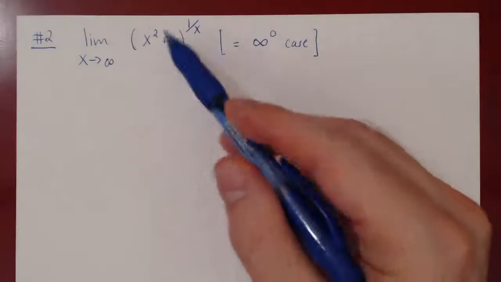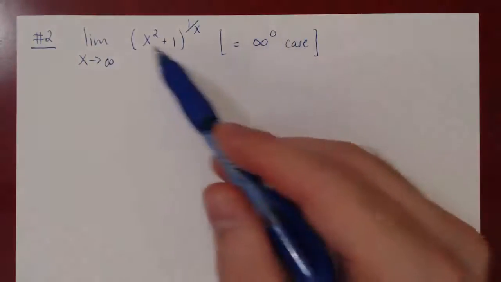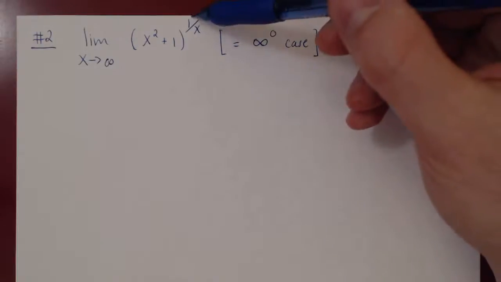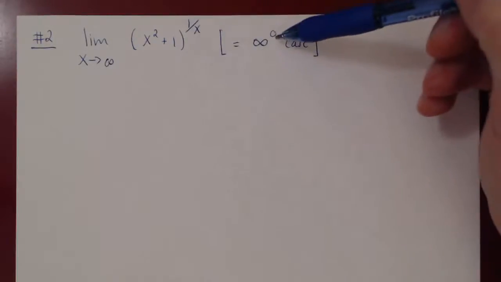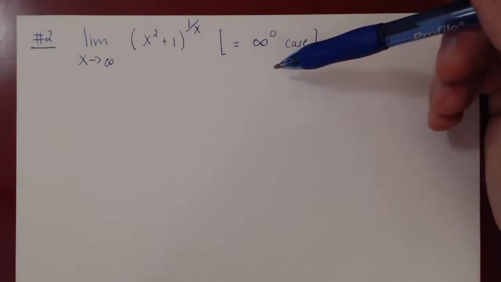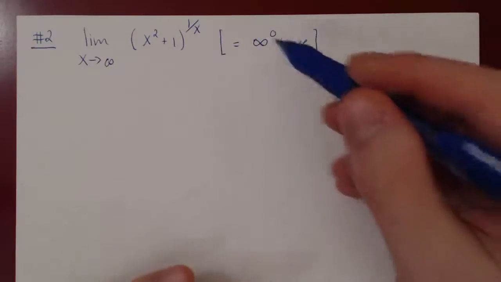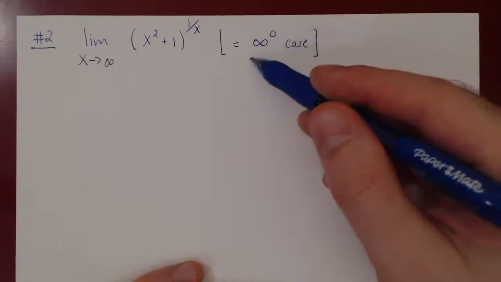Because think of it, the base is getting bigger and bigger, so it's trying to push the expression to infinity, but the power is getting closer and closer to 0. And if you take a positive real number to the power 0, that's equal to 1. So there are again two opposing forces.